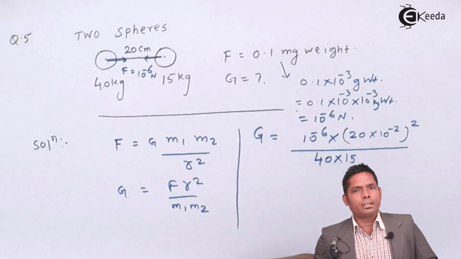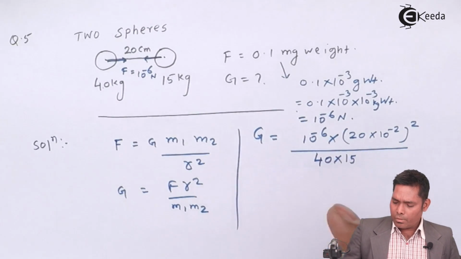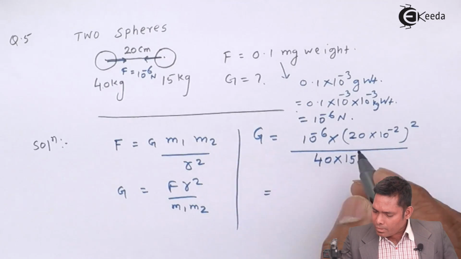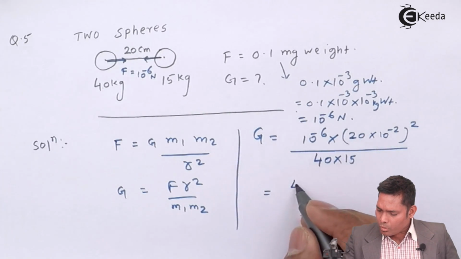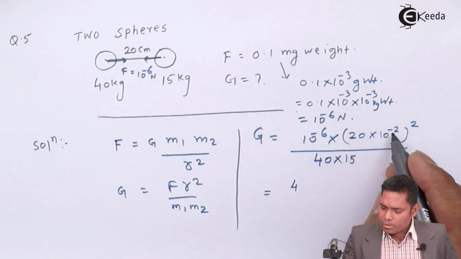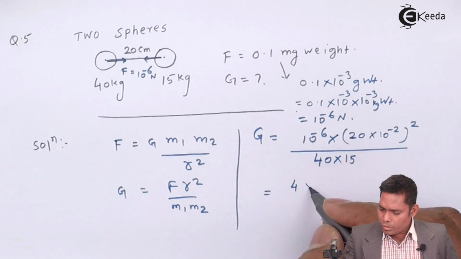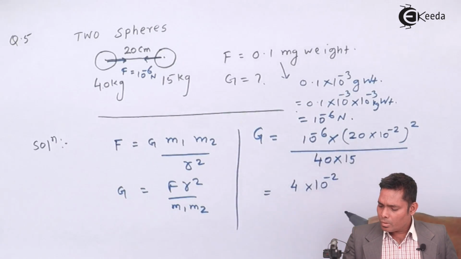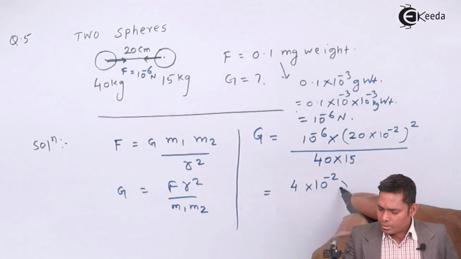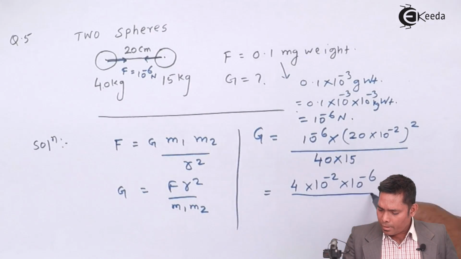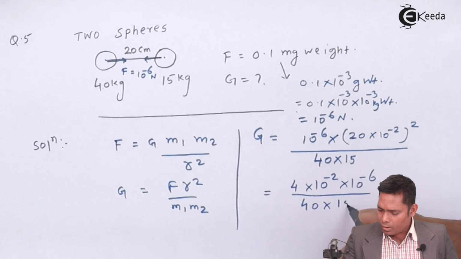All the quantities are in SI unit, so whatever you get, that is the answer. If I solve this, then this is 4, this is actually 2 into 10 raised to minus 1, so it is 4 into 10 raised to minus 2, and this is 10 raised to minus 6, divided by 40 into 15.